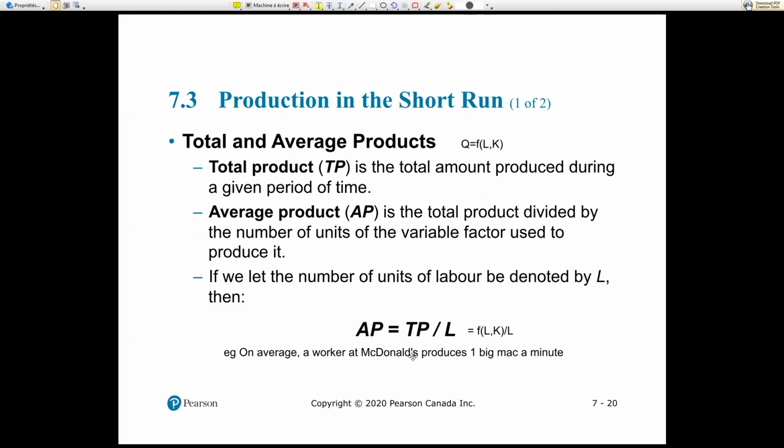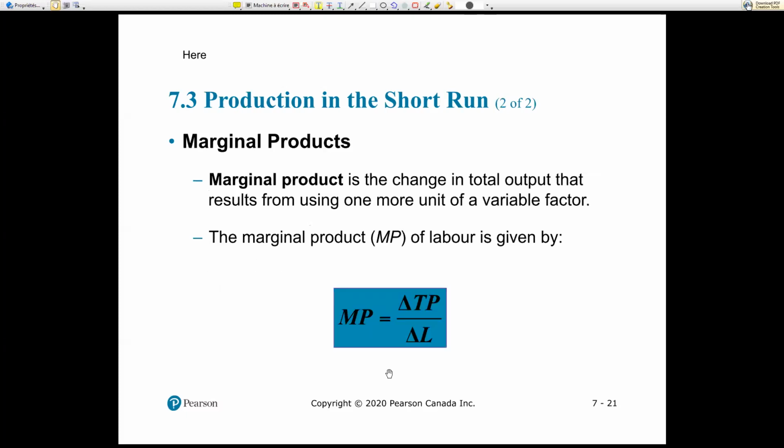So the production of McDonald's is a certain number of Big Macs, and McDonald's employs a certain number of workers. So that's one concept. And then the other concept that we're going to be seeing a lot is the marginal product. The marginal product is the change in total output as a result of using one more unit of a variable factor.